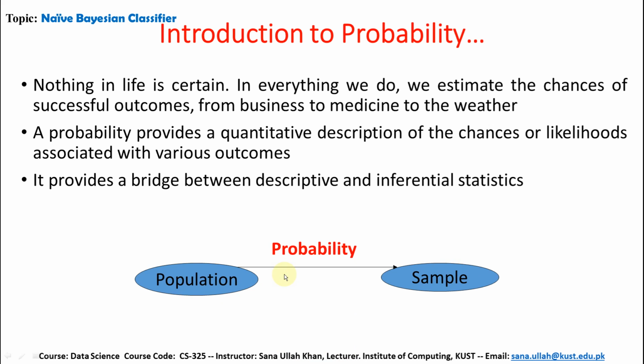So using probability, we collect a sample from the population, then use statistical methods to analyze the sample, and on the basis of this sample we make a decision about the total population. Let's suppose we want to predict the COVID effect on a population, and we take a sample of people. It may include males, females, old people, and kids.